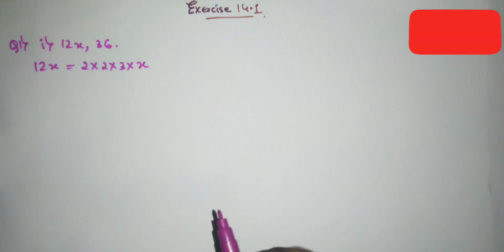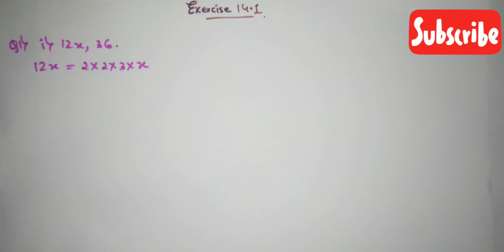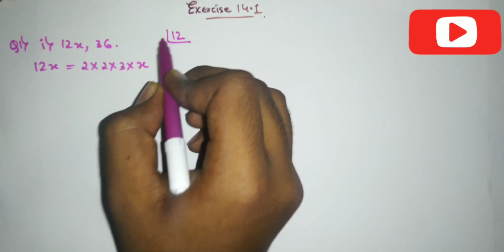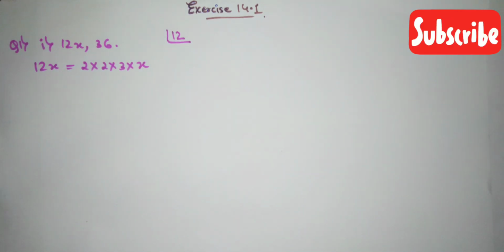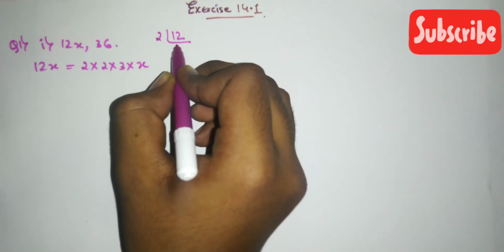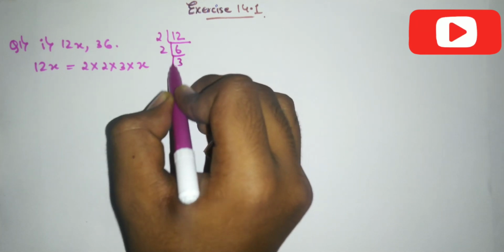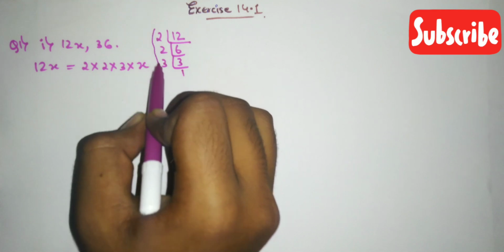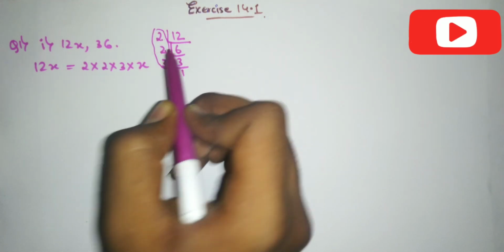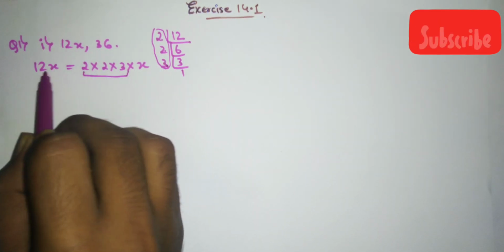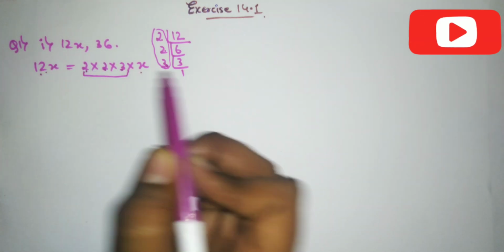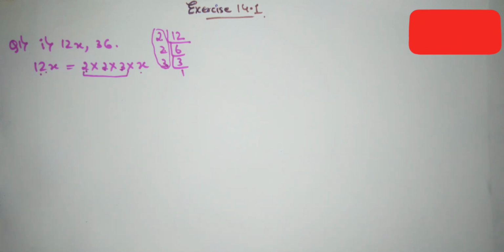How do we write 12? We factorize: 12 is 2 times 6, 6 is 2 times 3, and 3 is 3 times 1. So I can write 12 as 2 into 2 into 3, and x as it is. These are the factors.